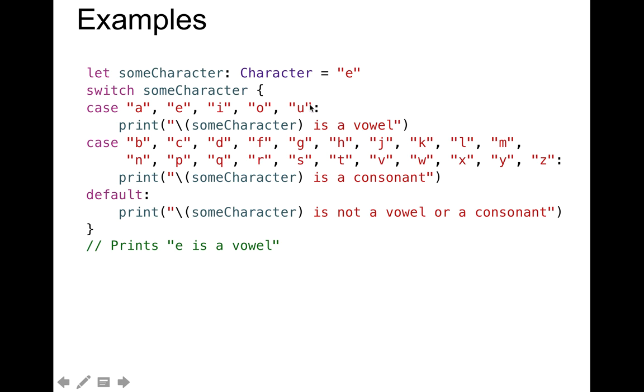If it's other cases, meaning B, C, D or something, it will print that it's a consonant. In the default case, it will print that it's not a vowel or a consonant. In this case, because someCharacter is E, it will go to this case and print that E is a vowel.